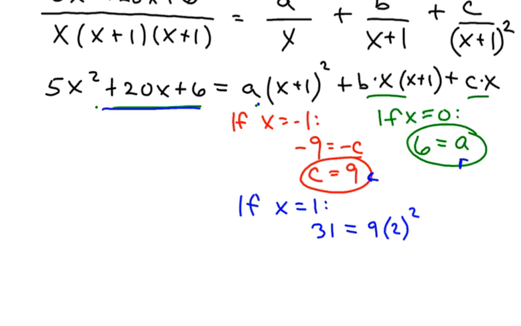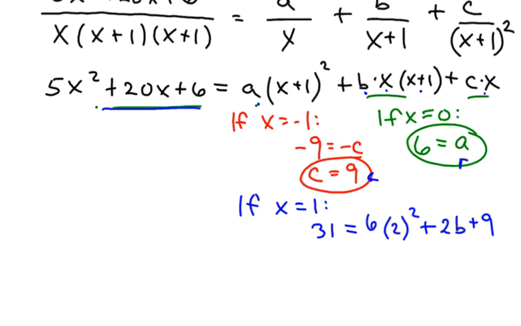Okay, I knew I made a mistake, sorry. That a should have been a 6, not a 9. There we go. Then plus the b, which is my unknown, so that's b times 1 plus 1, so that would be 2b. And then the c we have is 9, x is 1, so that'd be plus 9.